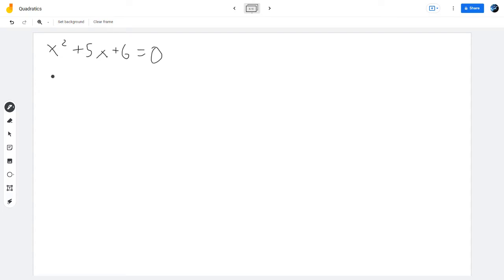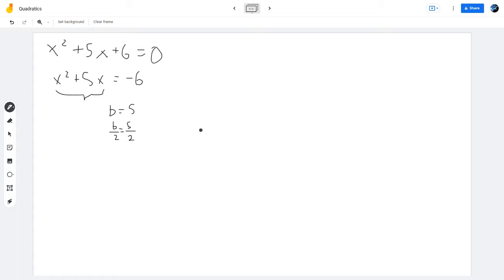So remember, we first bring the constant term onto the right-hand side, so it is equal to -6, right? And now we want to turn this thing over here into a square. So we notice that b over here is equal to 5, so b over 2 is equal to 5 over 2.